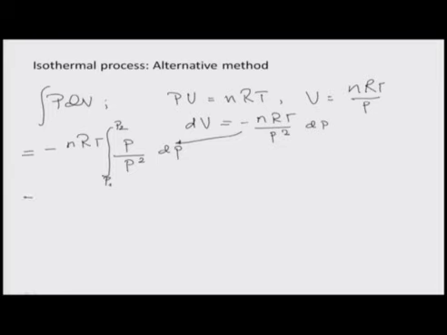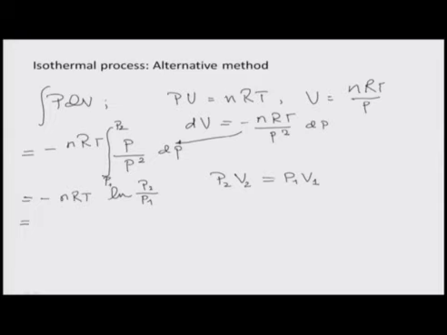So, what you are getting is nRT log of, if we integrate, 1 over P cancels out, log of P2 by P1. Now, I have P2 V2 equal to P1 V1.